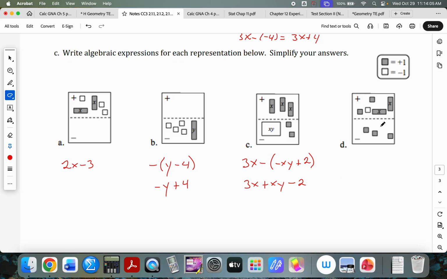All right, let's try this one. This one's the most involved one. In the positive region, I've got 2 x's. I've got 2 positive unit tiles and 1 negative unit tile. Minus, in the negative region, I have 3 positive unit tiles.